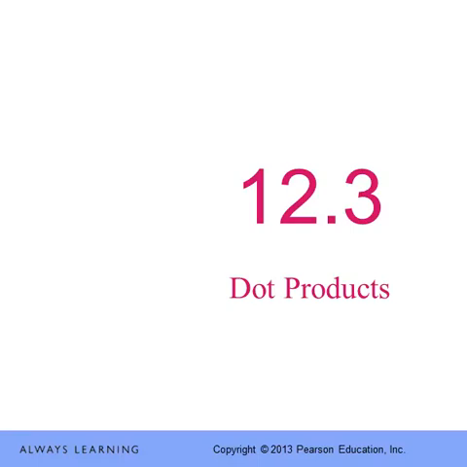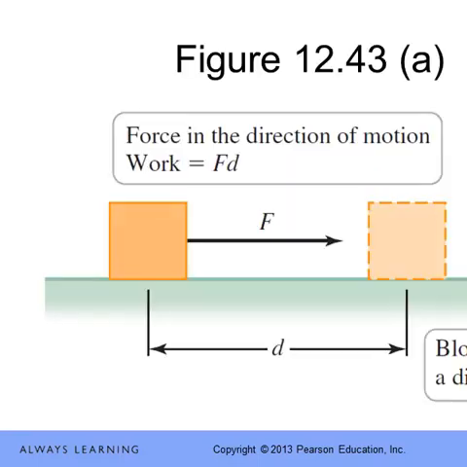We're going to talk about the dot product tonight, and next Thursday we'll talk about the cross product. The result of the dot product of 2 vectors will be a scalar. You combine 2 vectors to make a scalar, sometimes called the scalar product.